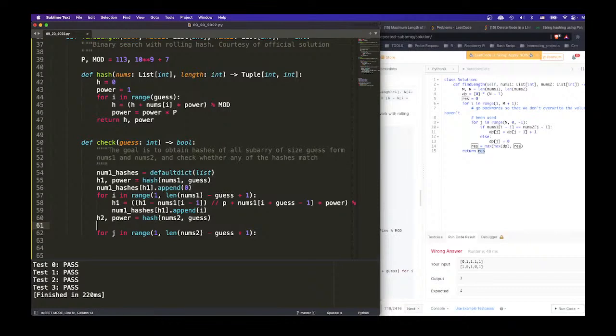Yeah, let's just say if h2, oh man. I see why you want to do it the other way. Yeah, it is much simpler. So now I have to repeat.